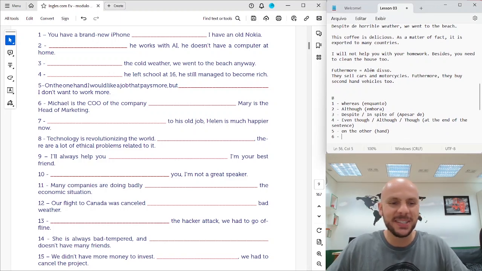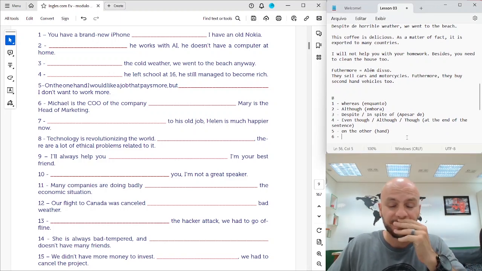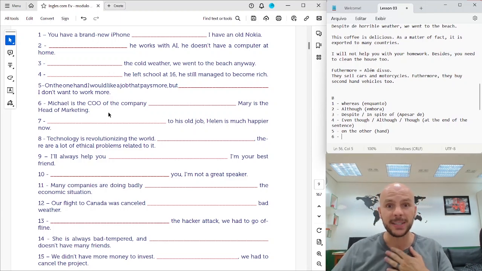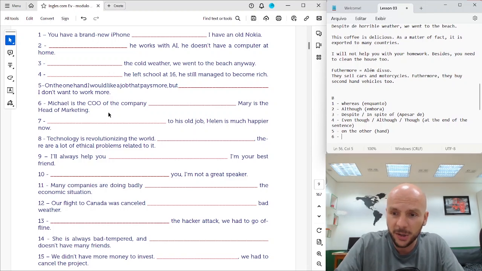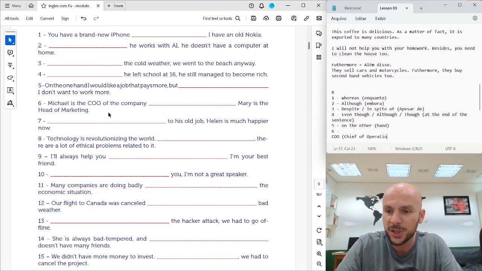Beautiful. Number 6. Michael is the CEO of the company. Mary is the head of marketing. Again, contrast ideas, right? So Michael is the CEO. COO stands for Chief Operations Officer.